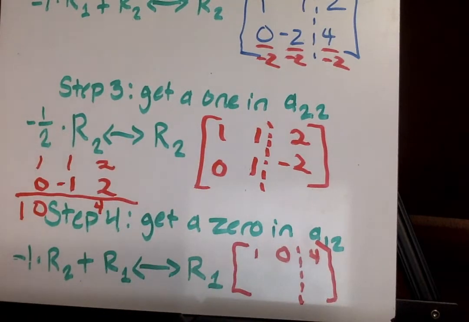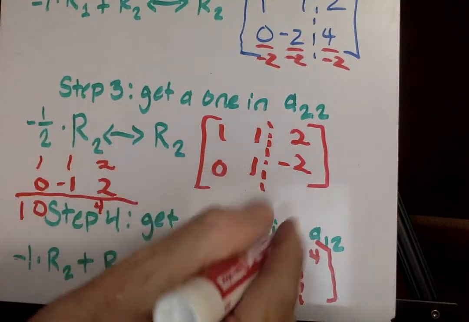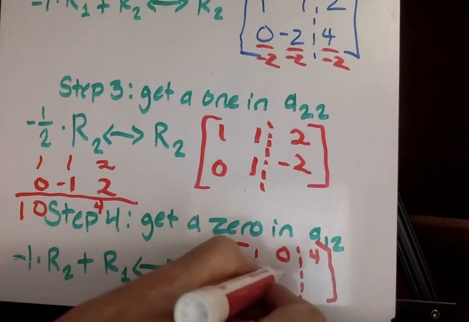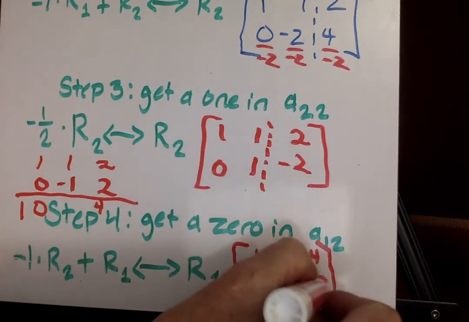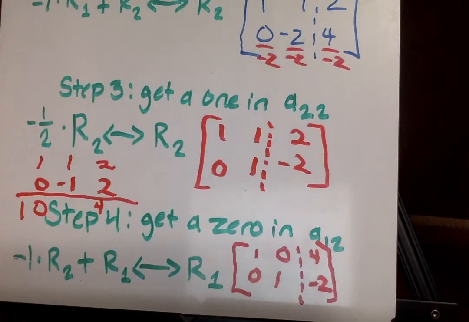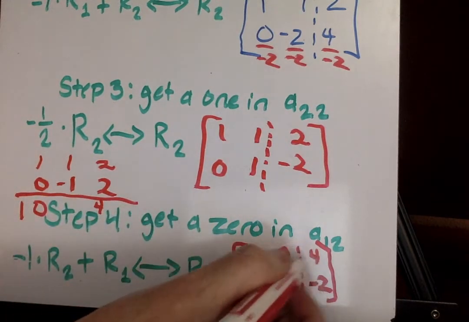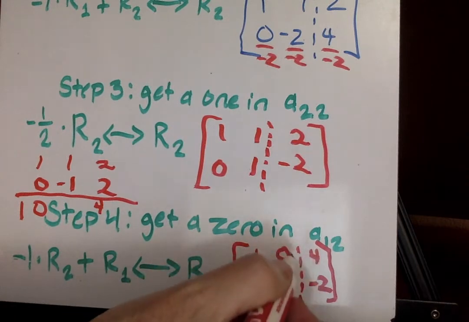Hopefully you can still see that okay. And we leave the bottom the way it is, 0, 1, -2. Okay, so the next part is our solution, which if you have 1, 0, 4, we know x is equal to 4.